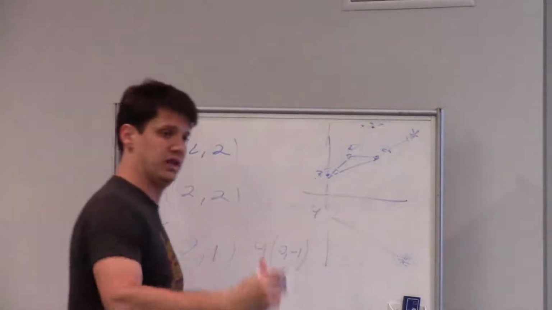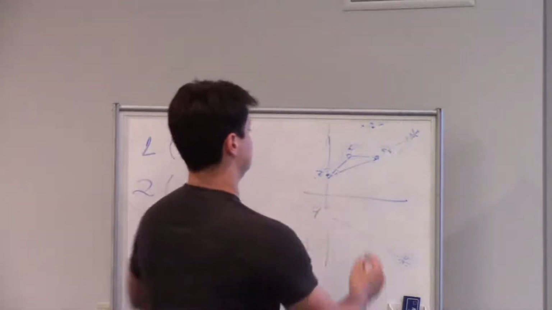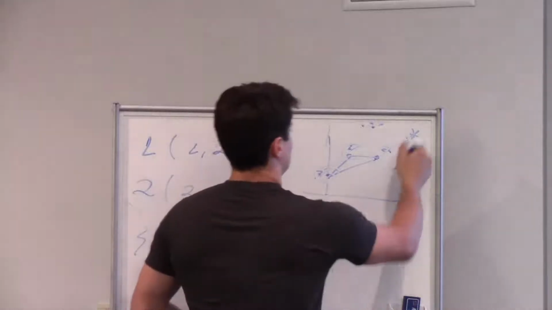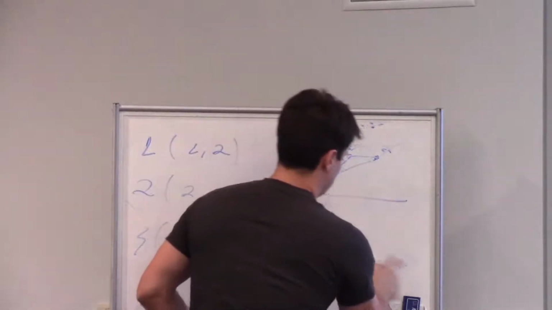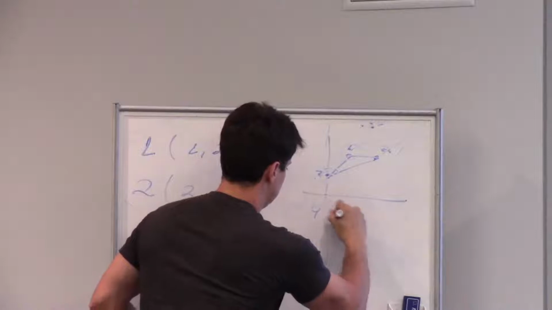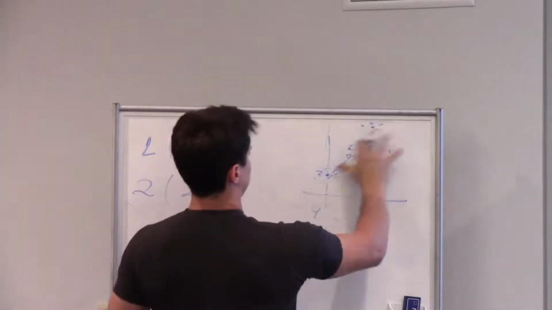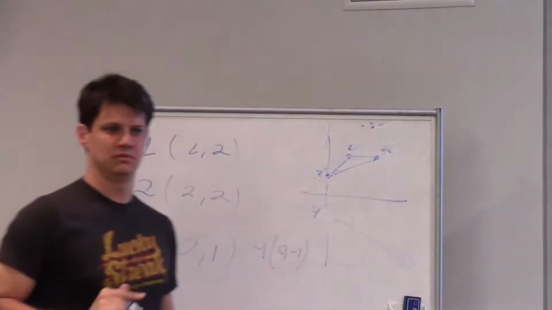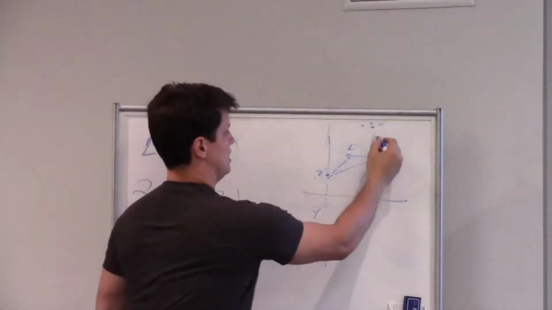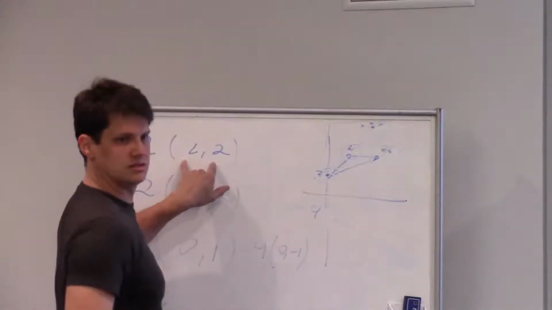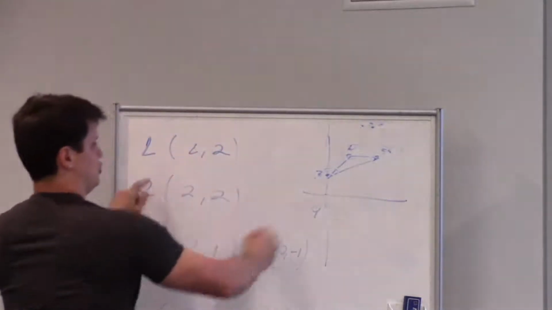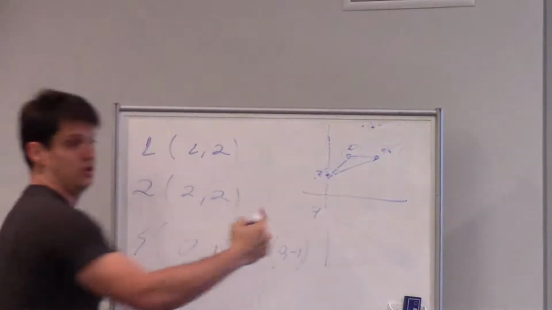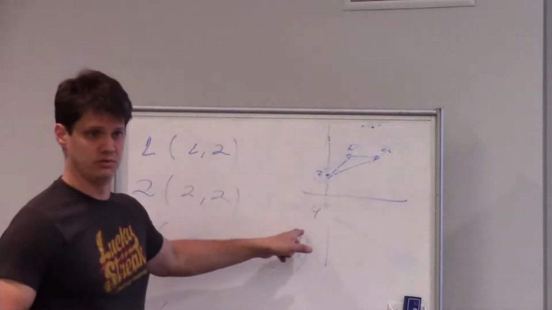Now the second one, at the second stage, what is going to happen? This one is not here anymore, and this one is not here now. This one is here, and this one is going to be there. Okay, that's the second step. So this center is the location of the average of these, and this center is the average of only 1 point, which is the point itself.